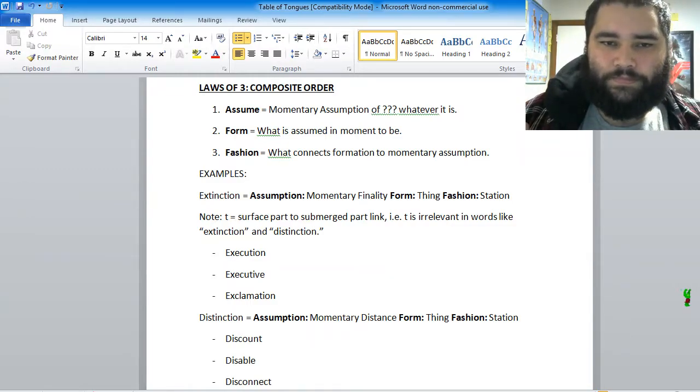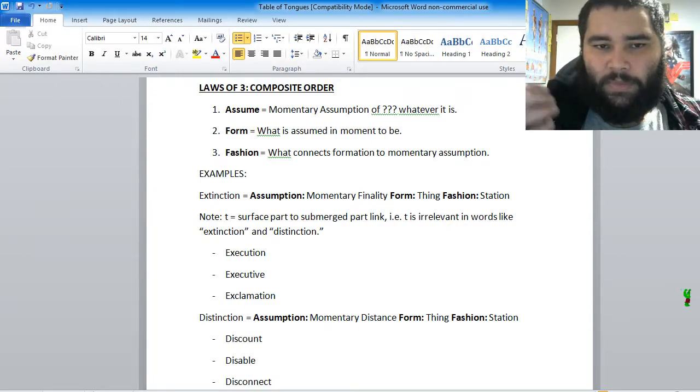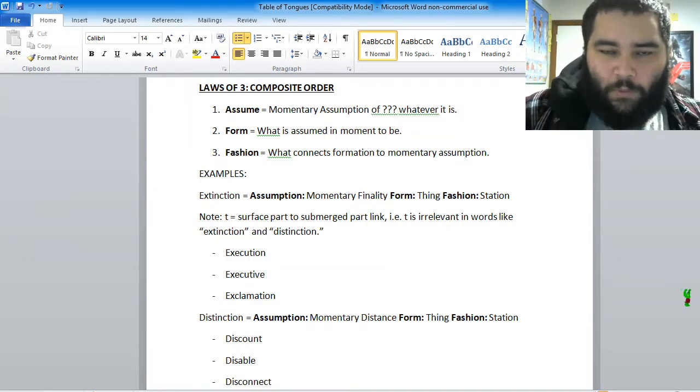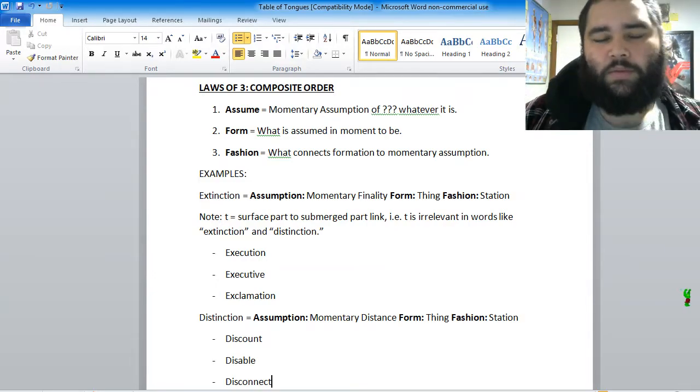So assume, form, fashion, that's composite order, what I call composite order.